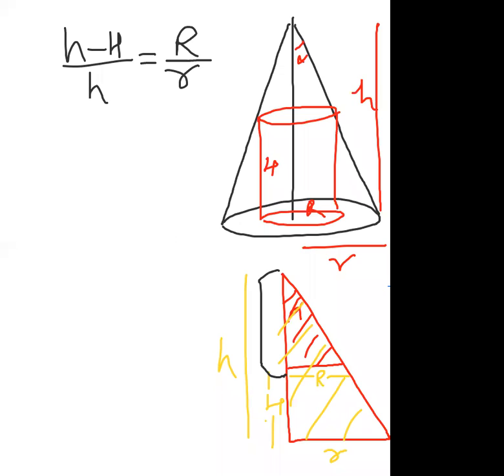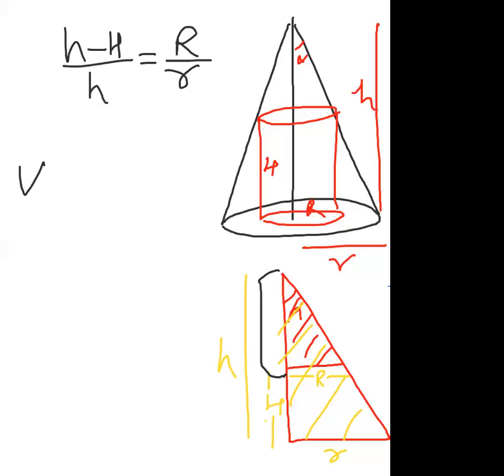So let us go for the solution now. In the question it is said, show that the height of the cylinder of the greatest volume, which can be inscribed in the right circular cone of height h and semi-vertical angle alpha, is 1/3 that of the cone. The greatest volume means we need to discuss the volume.